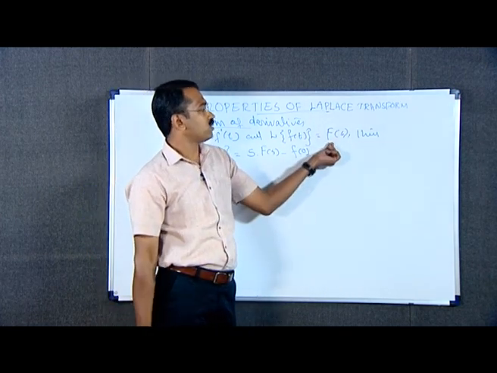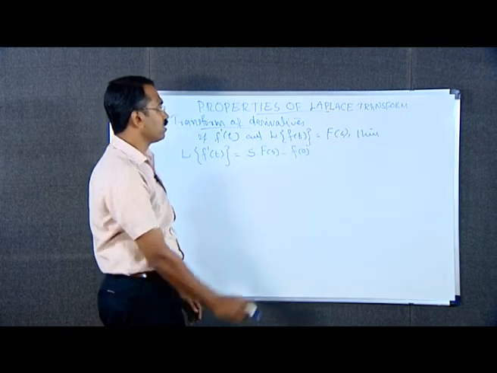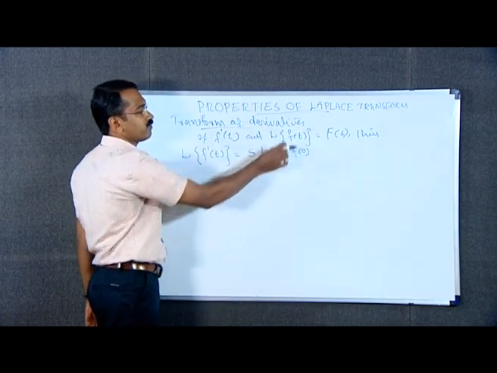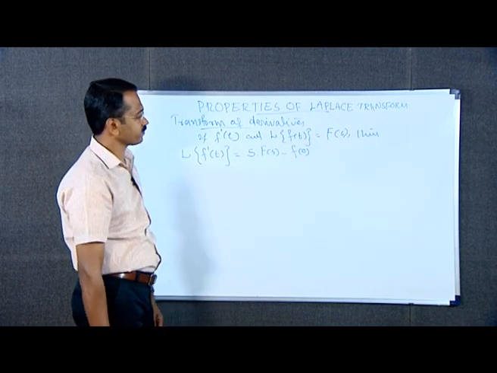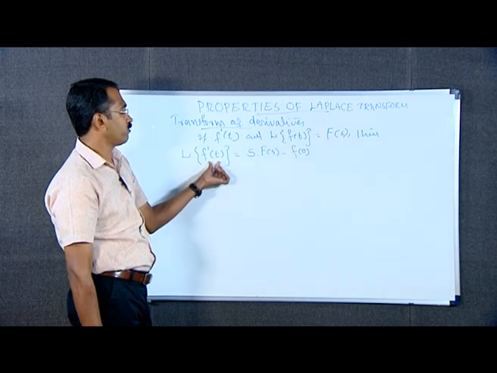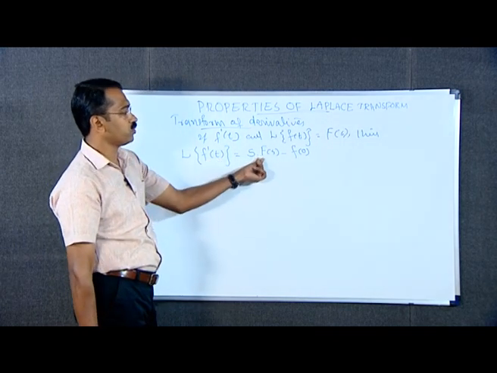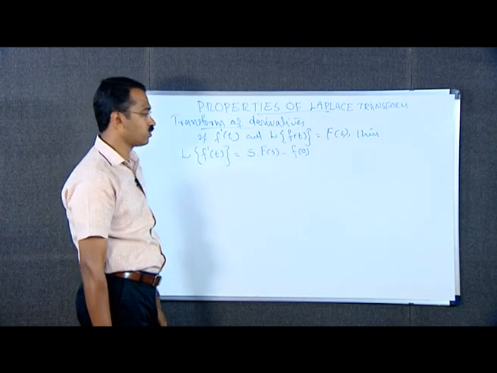Here we used capital F for the transform and small f is the function f of t. This is the transform of derivative f dash of t, that is s into F of s minus f of 0.